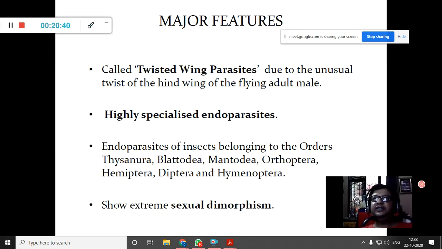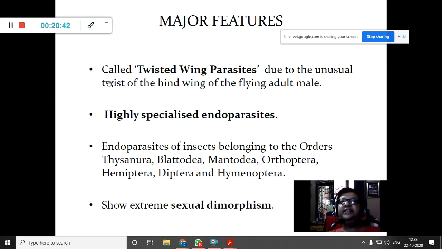Major feature, their wings have an unusual twist. They are highly specialized endoparasites. They live inside and they live as a parasite. They show extreme sexual dimorphism.